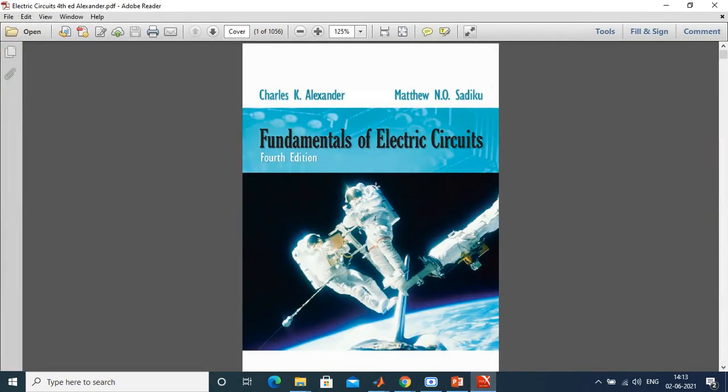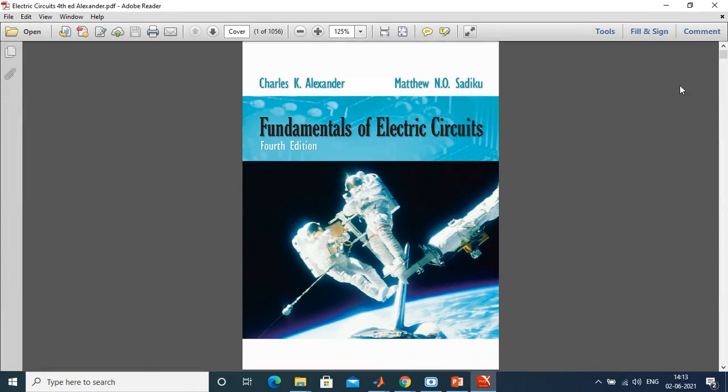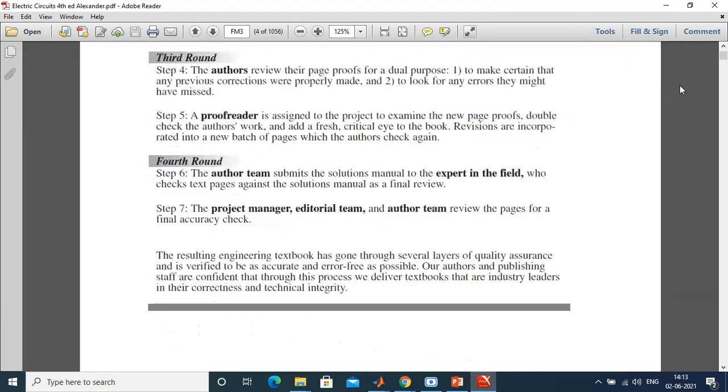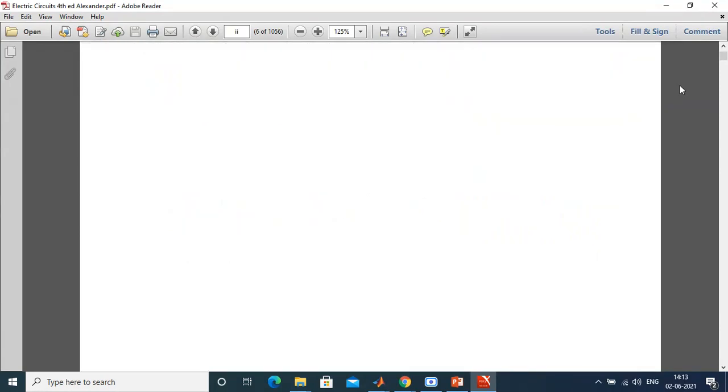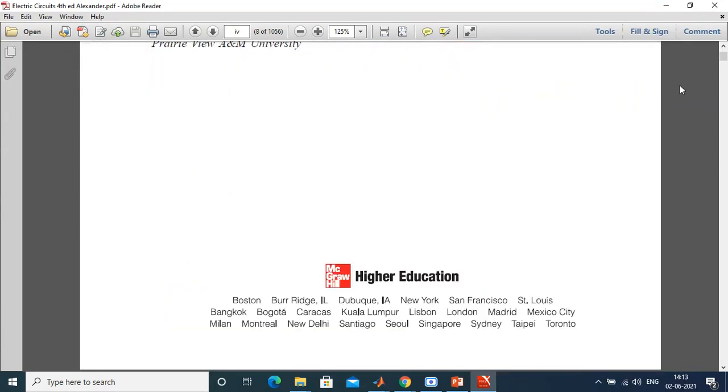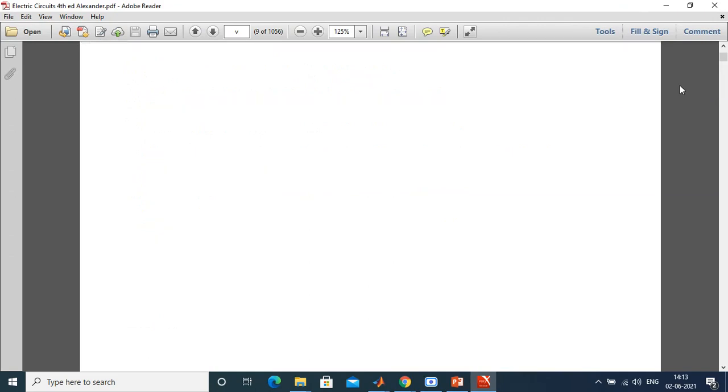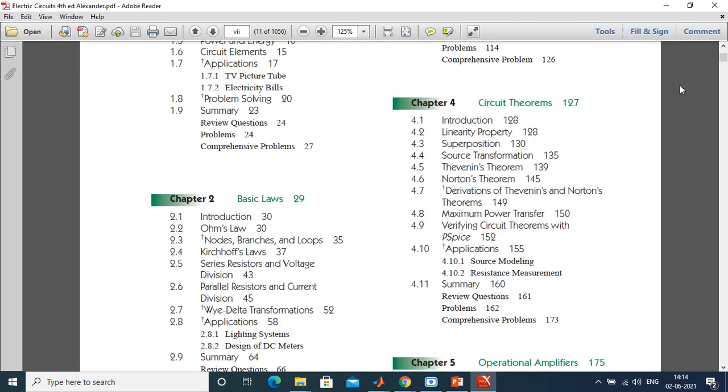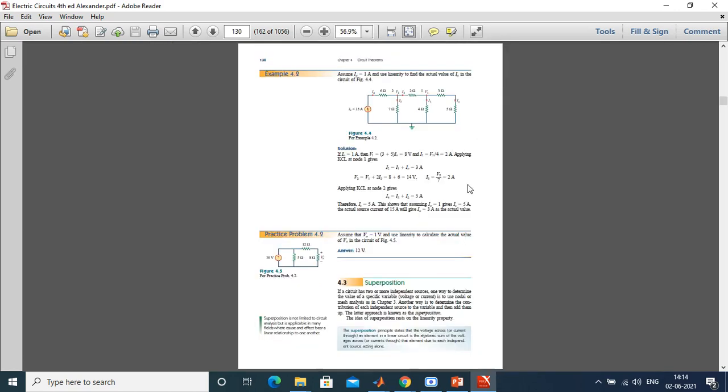I will take the circuit from this textbook, with one unsolved example itself. I will show how to solve this one and how to get the answer. Now go to the circuit theorem, superposition theorem.